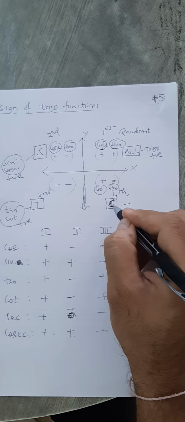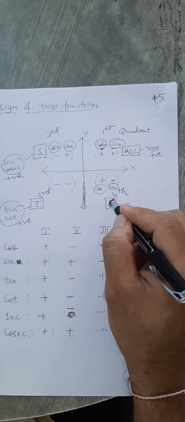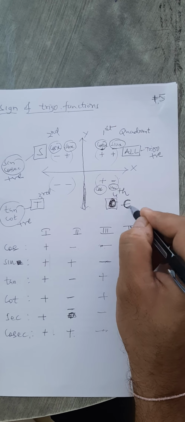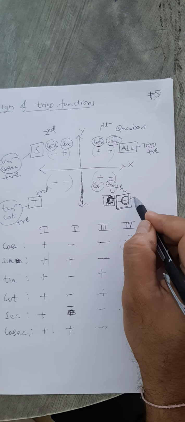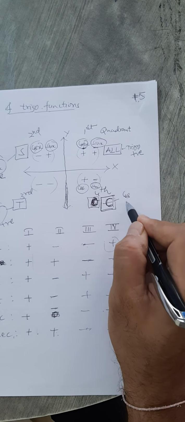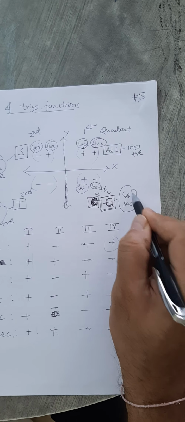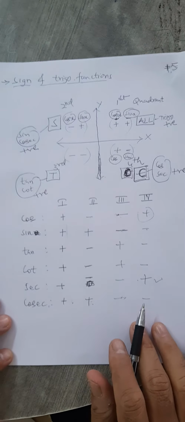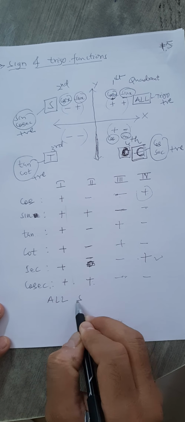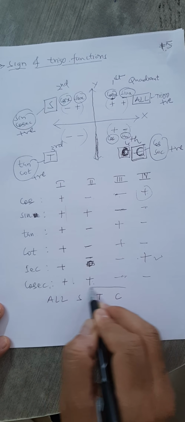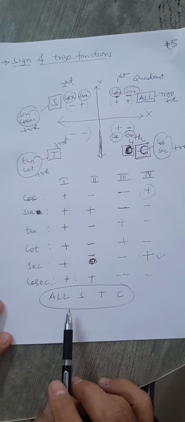I'm sorry, why S? C here. This is my mistake, because it is cos and sec. So C means cos and its reciprocal sec are positive. So this is the statement which we remember: All STC.